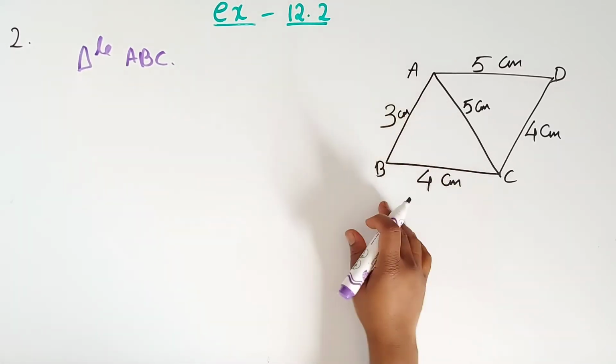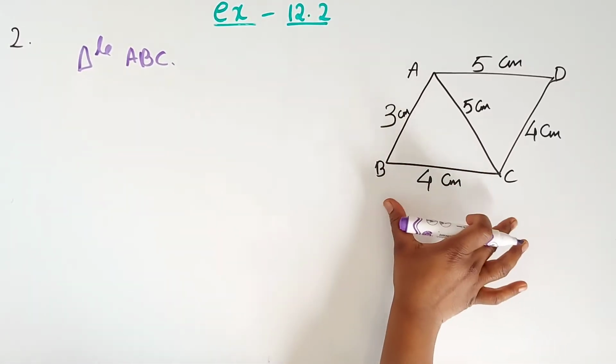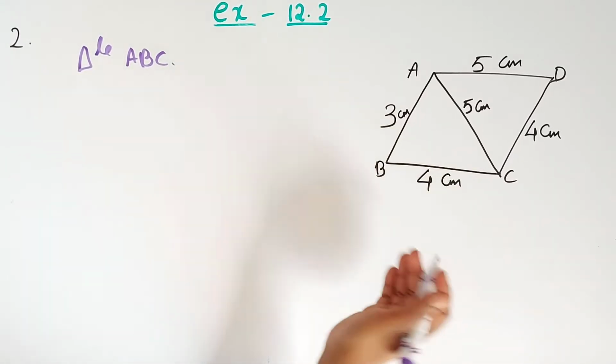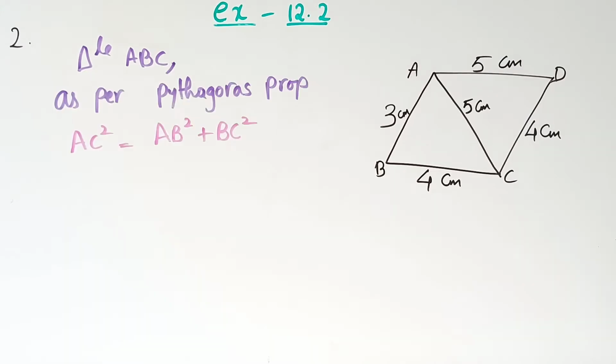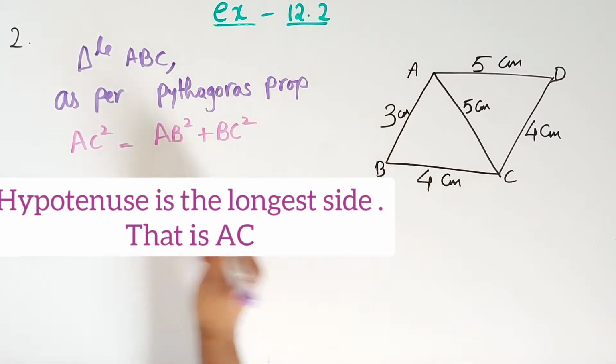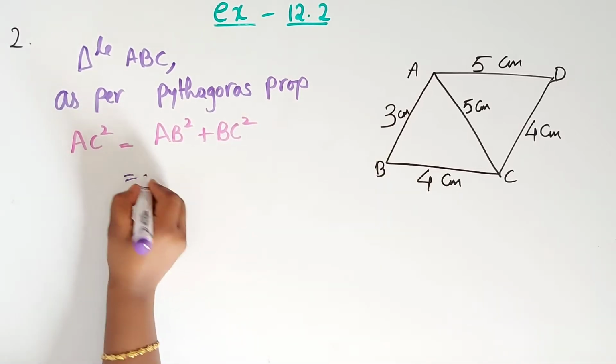Here we can apply Pythagoras property, children. If it works, then this triangle is a right angle triangle. We will see whether Pythagoras property is possible or not. As per Pythagoras property, AC square equal to AB square plus BC square. We will check is it working or not.